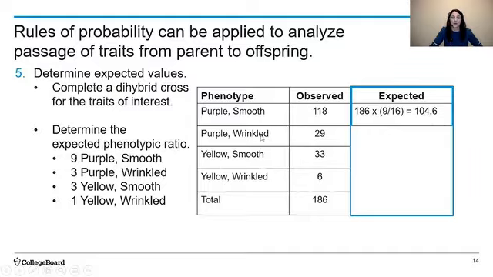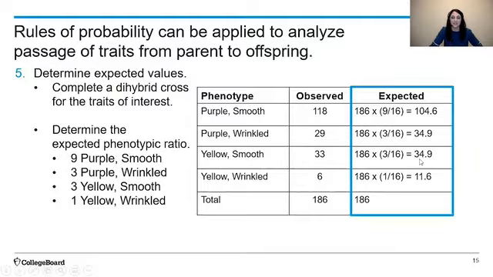For purple wrinkled, it would be 3 out of 16. Yellow smooth would also be 3 out of 16, and yellow wrinkled would be 1 out of 16, and that's how I determine my expected values. I'm also going to double check myself and add those back up to make sure they total the same as my observed, so I didn't make any mistakes.